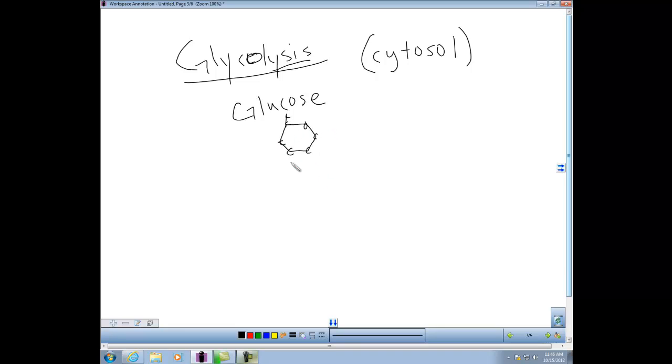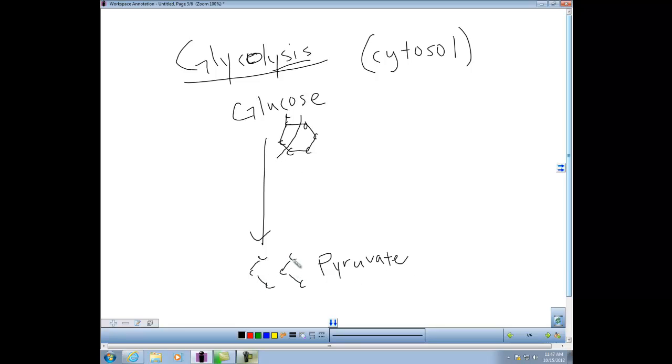Glycolysis essentially is a series of chemical reactions that breaks glucose into 2 3-carbon sugars. Here's our 3-carbon sugars. Here's another one. And these are called pyruvate. So pyruvate is essentially just glucose broken down into 2 3-carbon sugars.